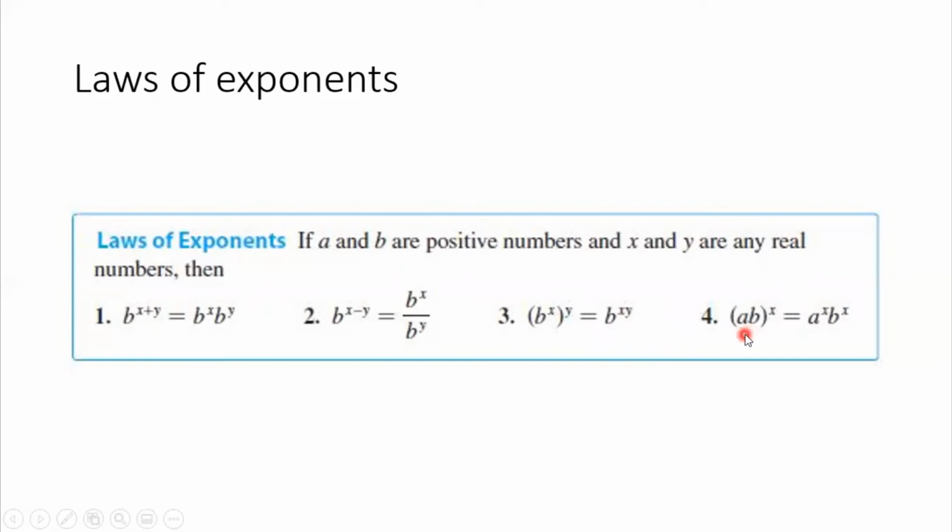And number 4, the quantity a times b, raised to x, is equal to a^x times b^x. Again, get a piece of paper and list down all of these laws of exponents so you can remember them.